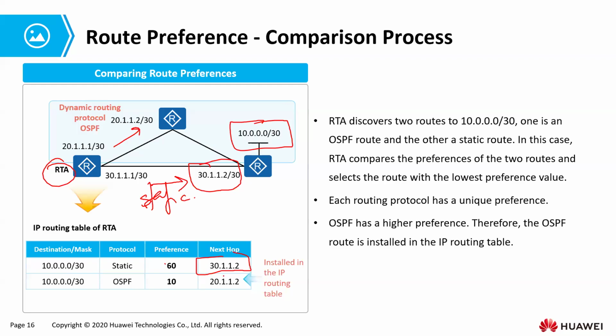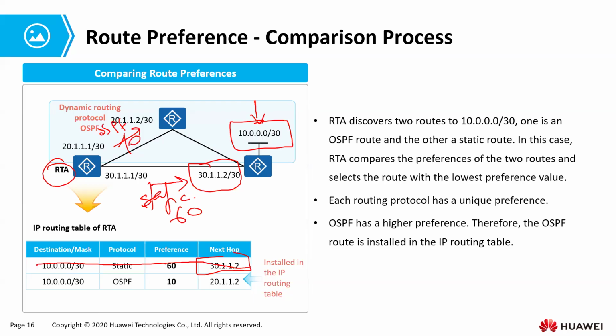Then the other one, the OSPF one. So which route will be preferred and installed in the routing table? The route with the lower preference. Static is 60, OSPF is 10. So this one, you won't see it in the routing table. The one in the routing table is the OSPF one.